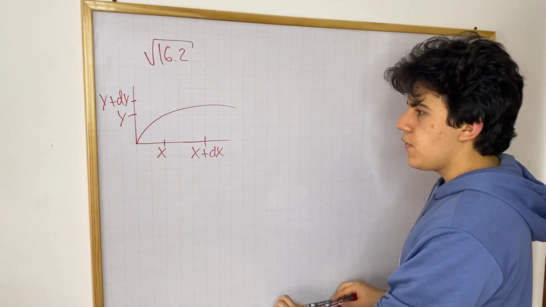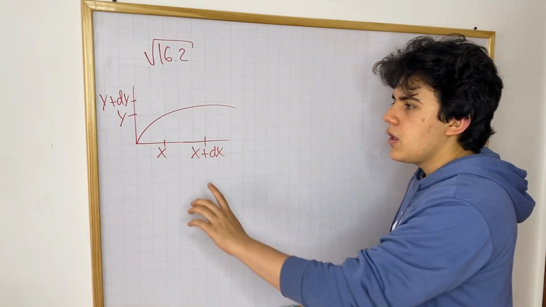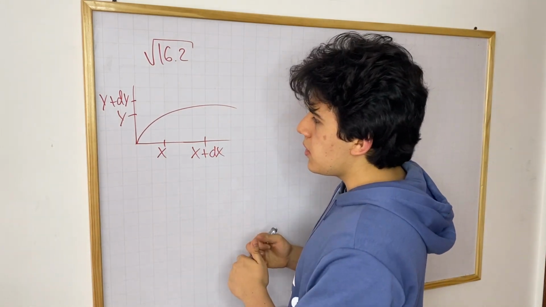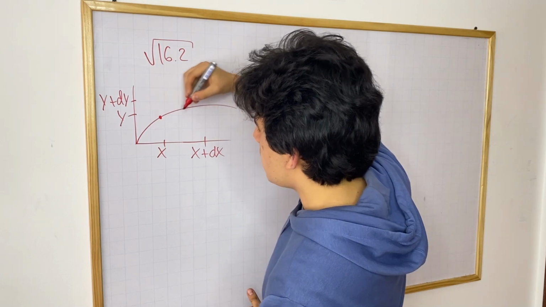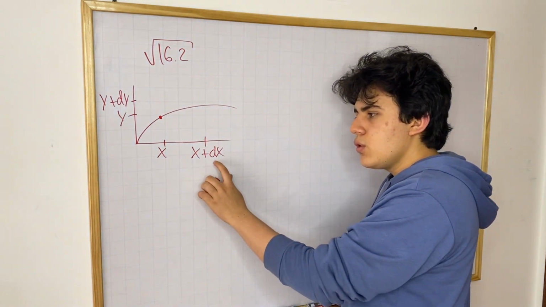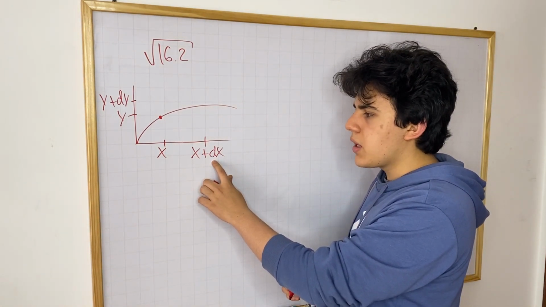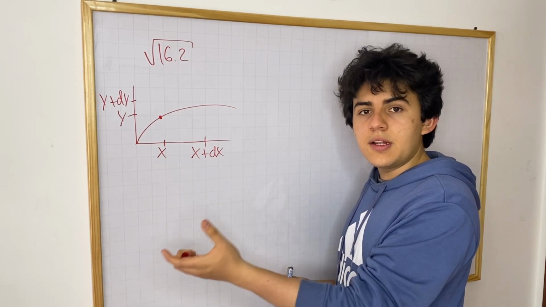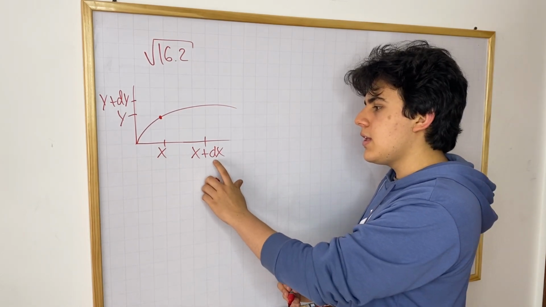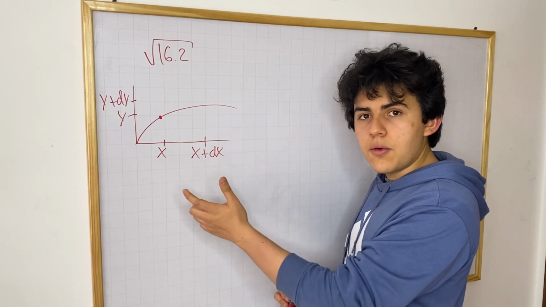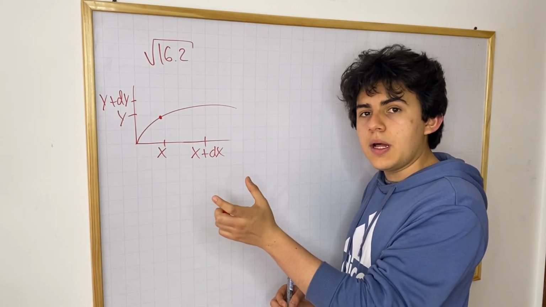So I want to ask you the following. If you evaluate y at x, you're going to get a point that is over here. Now, if you remember, differentials are what we call infinitesimals. An infinitesimal is a very small value. So when we say the differential of x, we're referring to a very small value of x.